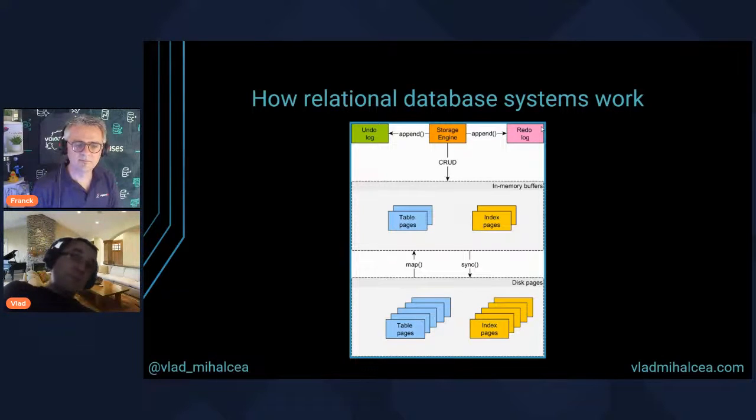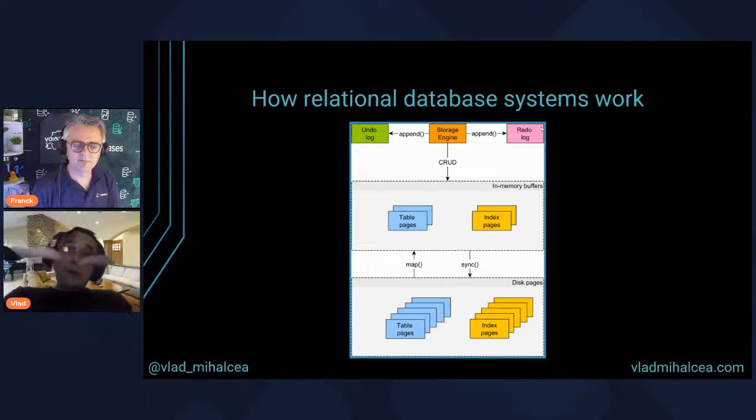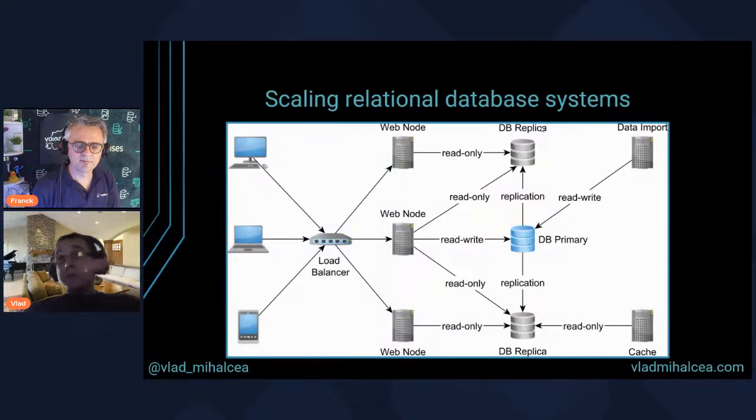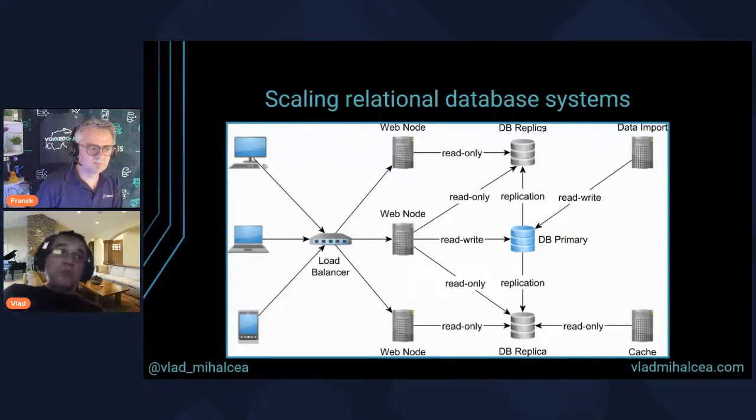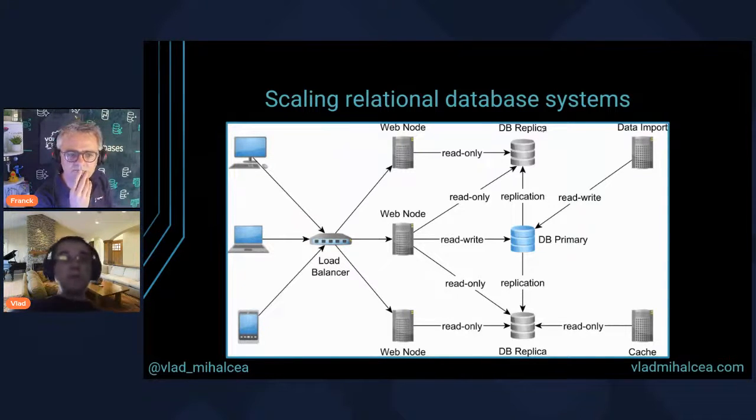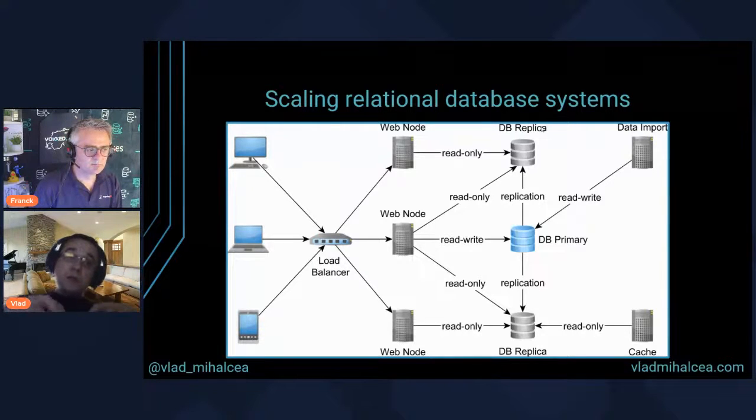But this has some limitations, and these limitations can be seen in the typical architecture that you're using with relational database systems. Unless you have a trivial application which can work with a single node, most of the time, if you're developing an application that has non-trivial traffic, like it's on the internet and you have tens of thousands, maybe 100 million users, and you want to scale that traffic, you're using database replication, which has two goals actually.